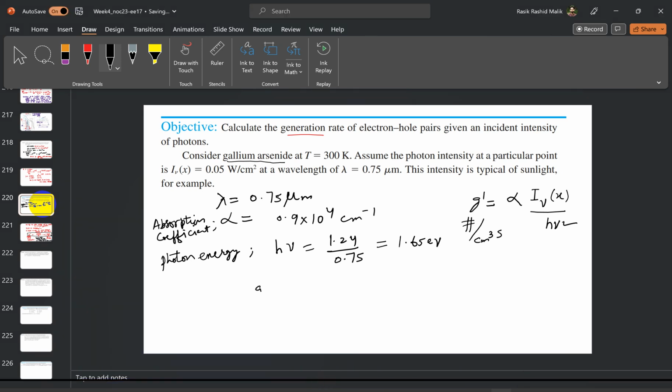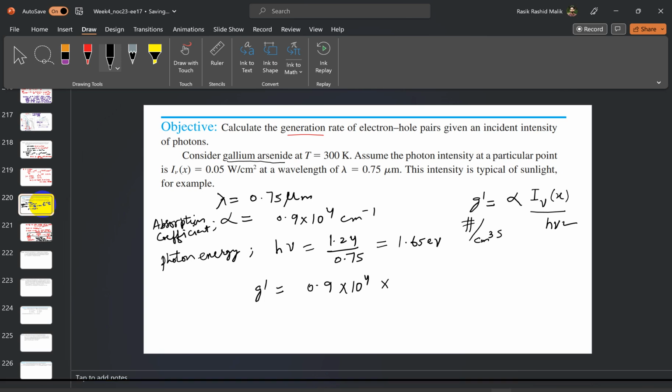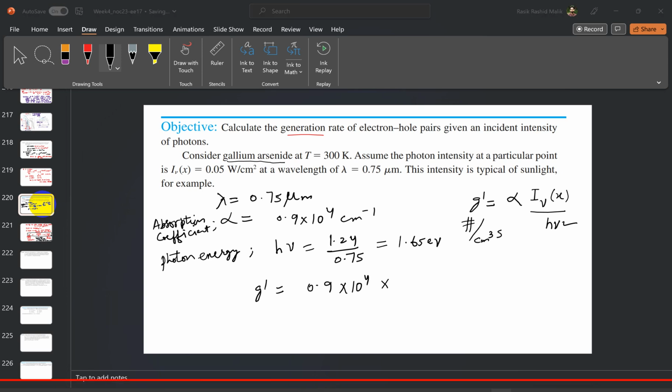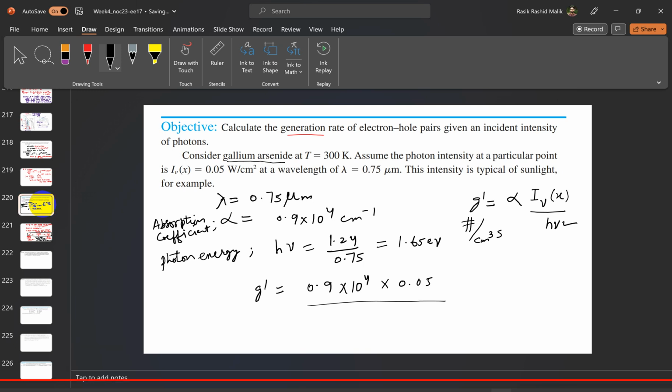So the generation rate G dash will be simply alpha, the value of alpha is now 0.9 into 10 to the power 4, and then we have IV at x, which is 0.05. It is in watt per centimeter square, so that's good.